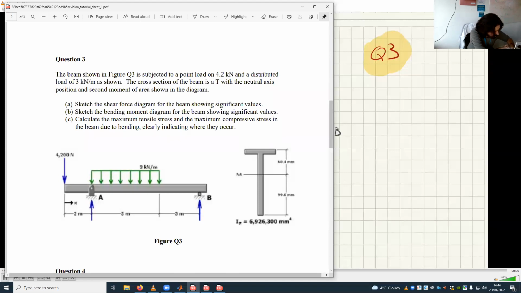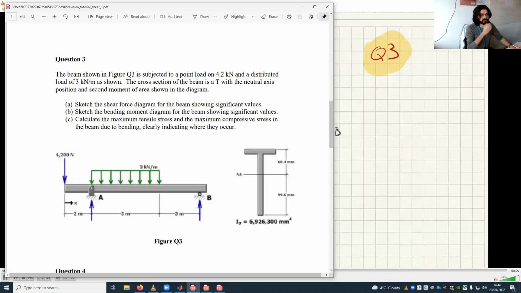Then I have a distributed load of 3 kilonewtons per meter.